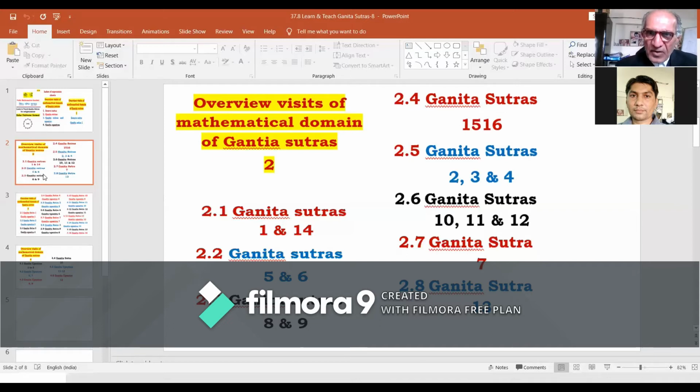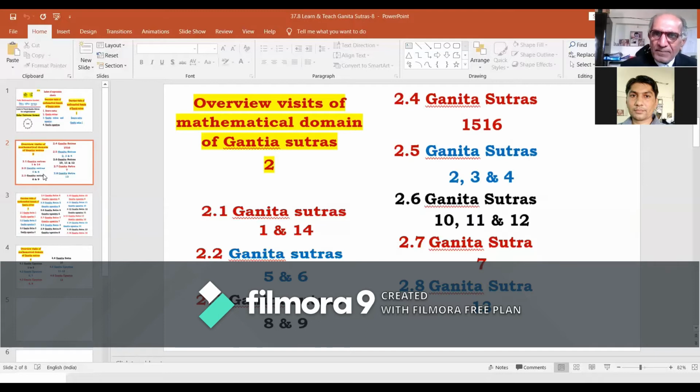The different roles of zero space as such are the subject matter of the mathematical domains of Ganita Sutras 5 and 6, but both, as such, are availing different roles of zero space, so both make out distinct mathematical processes.